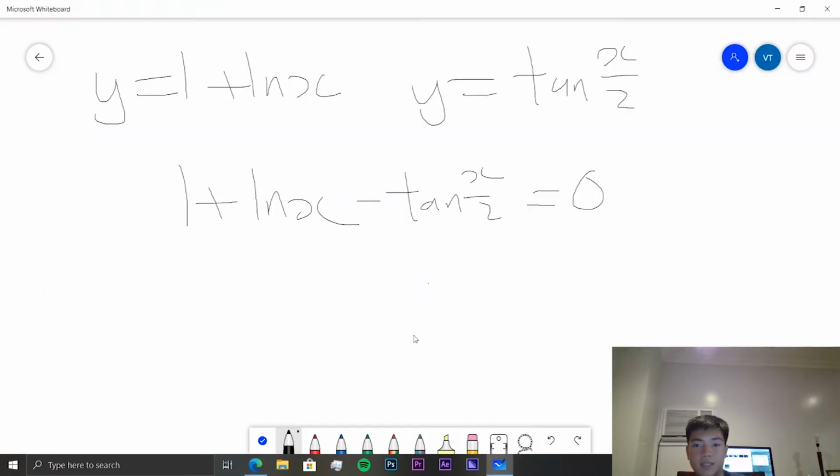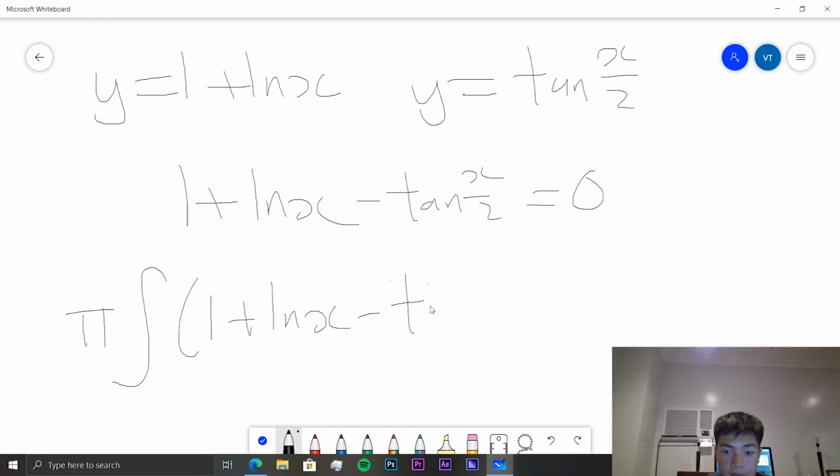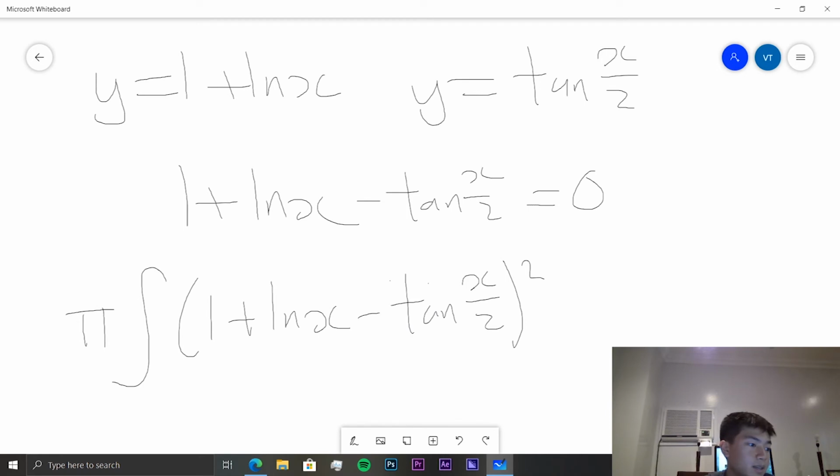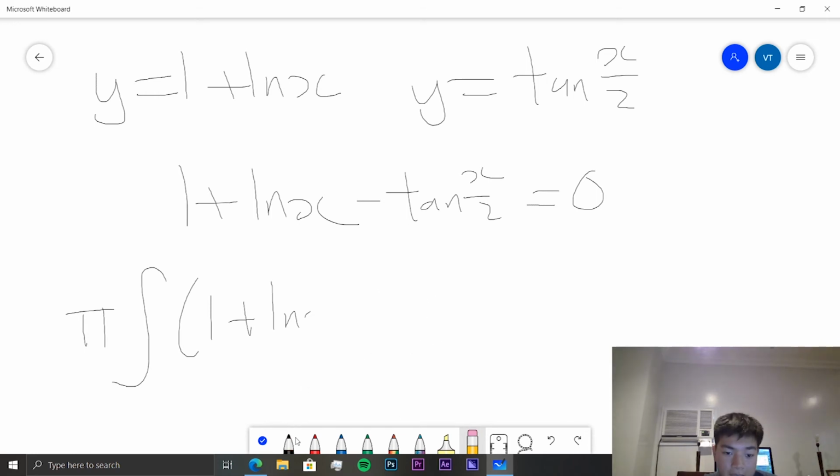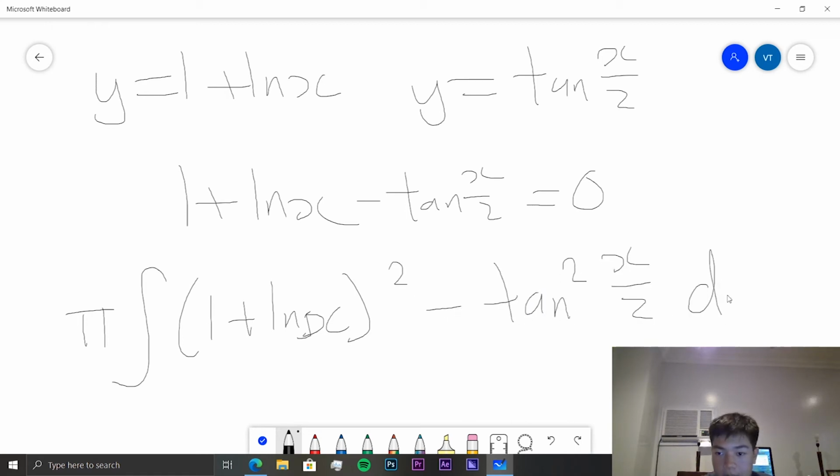So if we integrate this, we need to integrate pi times this squared. Or actually, hold on. If it's the difference between two curves, we can just subtract them. Yeah, we can just subtract the squares of both curves. So actually, it's just 1 plus ln x squared minus tan squared x over 2 dx.